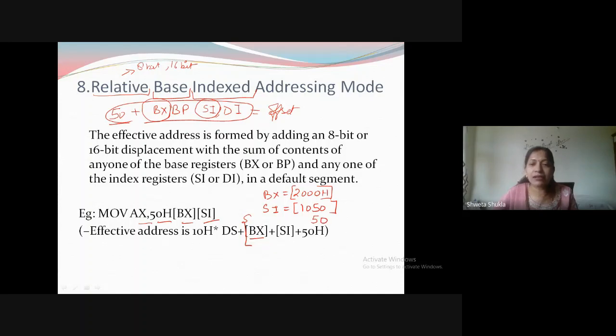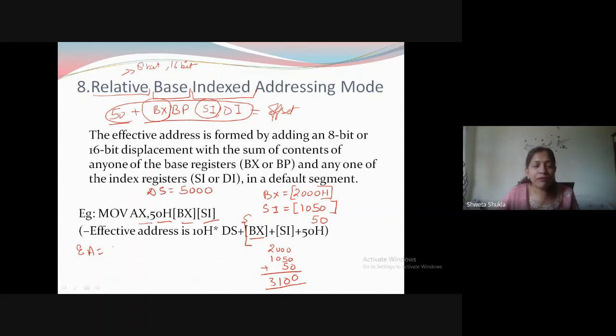So what is the answer now? First of all, you have to add all these things. That means 2000 plus 1050 plus 50. Now add all this and what you will get? 3100 is your offset address. And then you will take the effective address. Let us suppose, if I'm telling you how to find it out, DS is 5000.